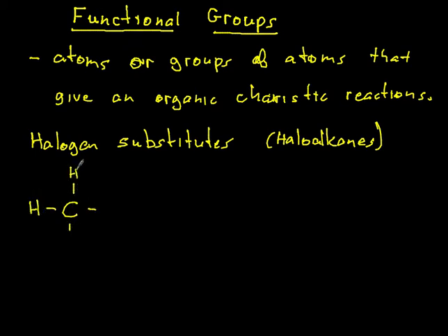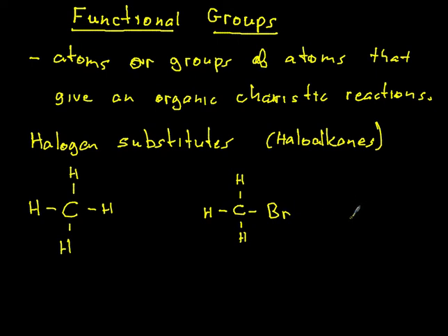If we have methane, which is CH4, we could substitute an H for a halogen. For example, we could take off one of the H's and replace it with a bromine.